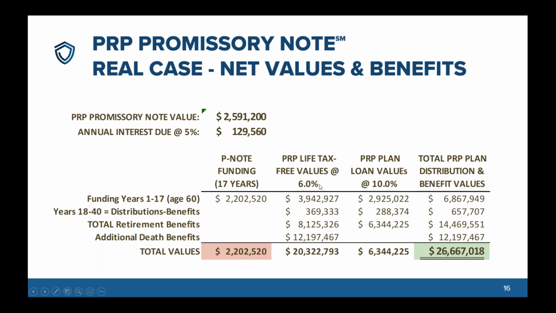And then the life policy illustrations supporting all the annual distributions at the retirement and the total retirement benefits, all compounding, and then throwing in the death benefit, all exempt. So again, what I'm doing is I'm taking $2.2 million and protecting it and exempting it, and then parlaying that into $20 million worth of overall benefits.